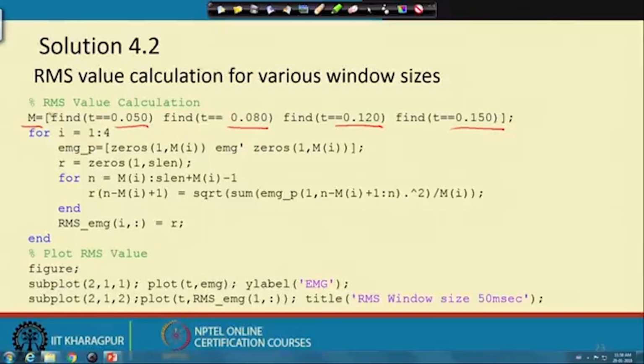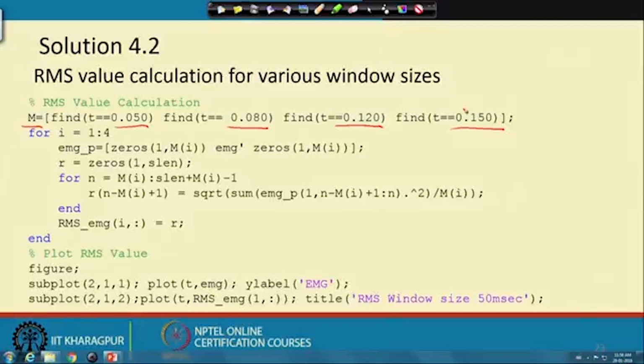In other words, the first gives how many samples there are from starting point 0 to 50 millisecond, the next gives the number of samples up to 80 millisecond, the third up to 120 millisecond, and the fourth up to 150 millisecond.